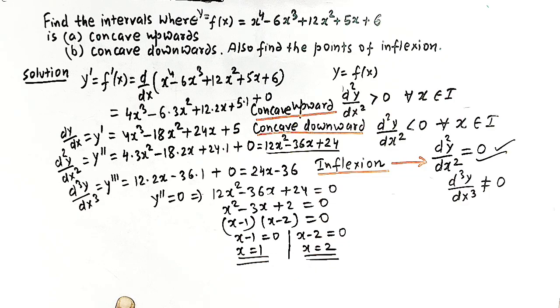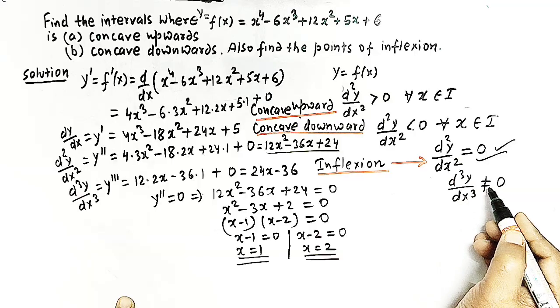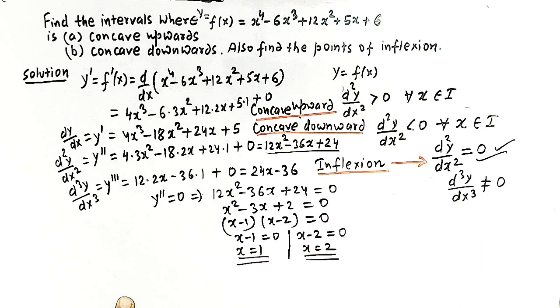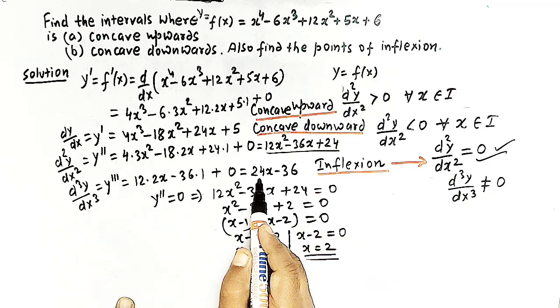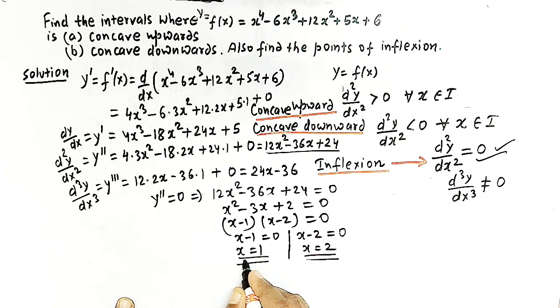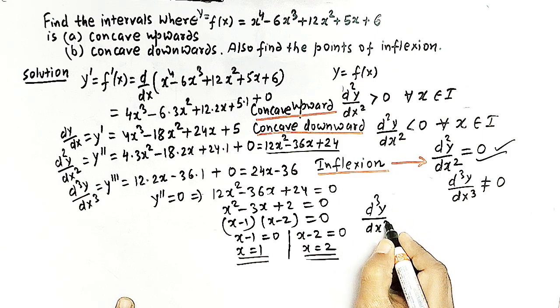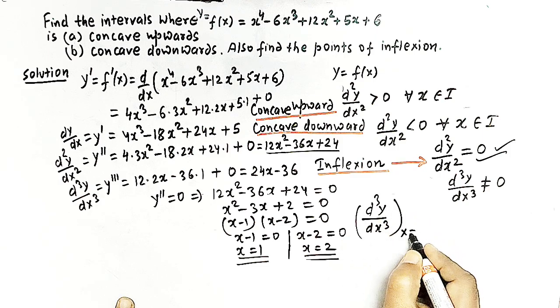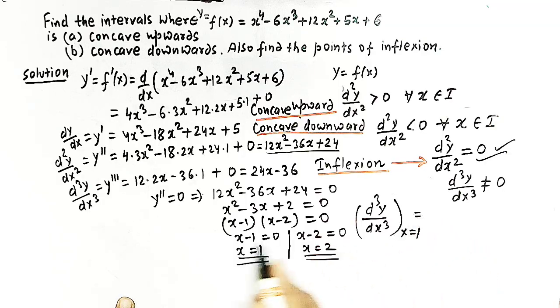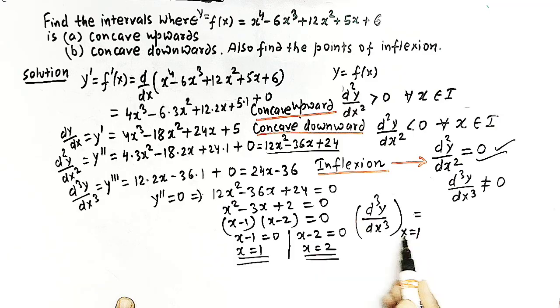And here let us now find out whether the third derivative is not equal to 0, right? So we have the third derivative, that is 24x minus 36. Let us first take the point x is equal to 1. The value of the third derivative at x is equal to 1 is given by 24 times 1 minus 36, substituting x is equal to 1.